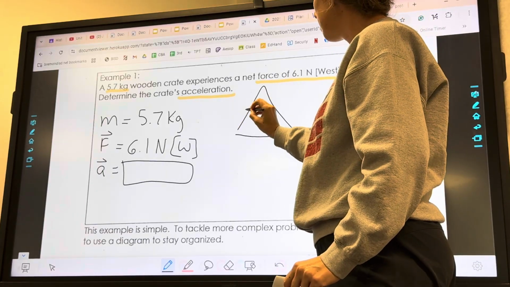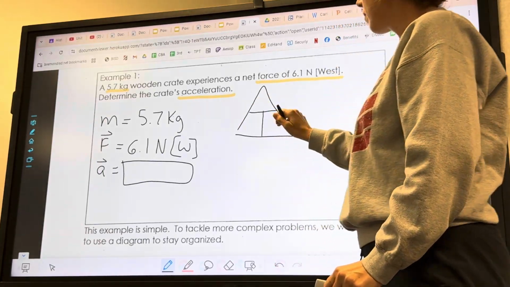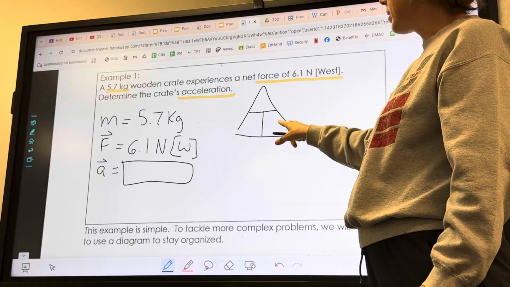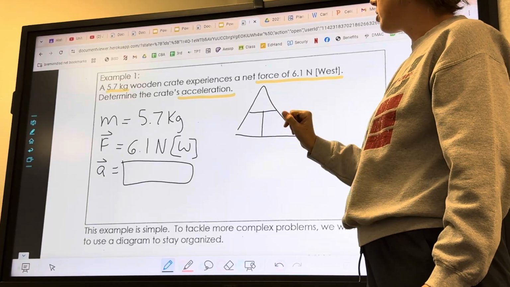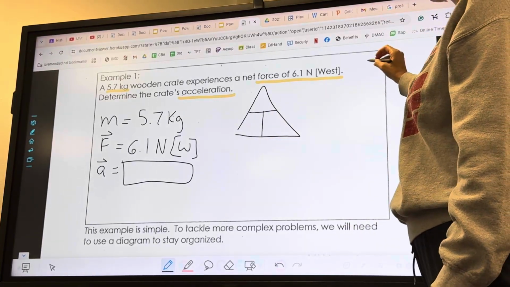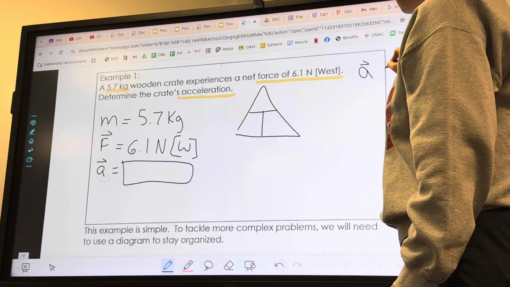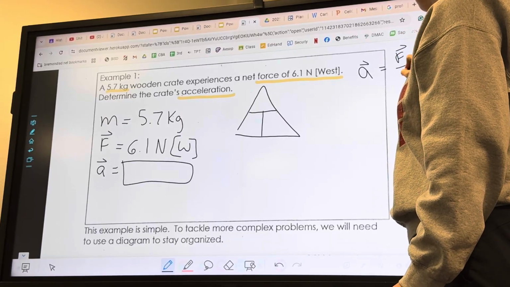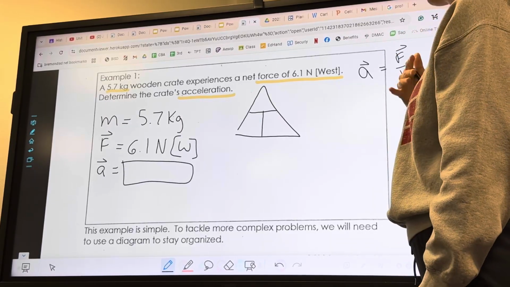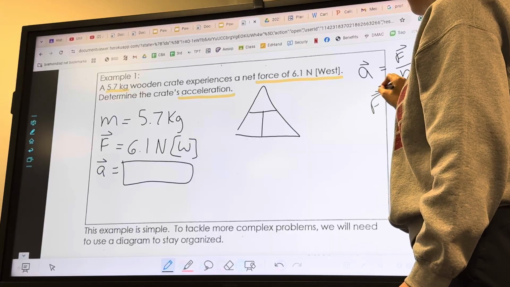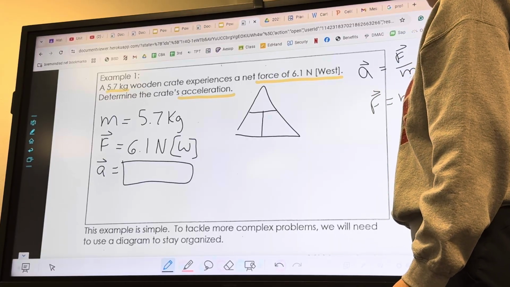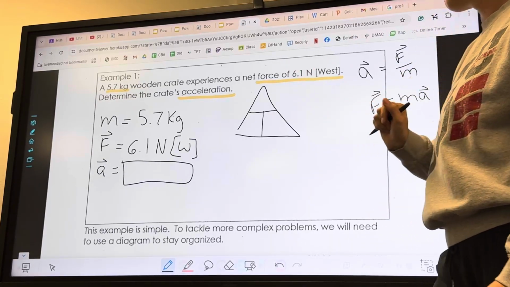Just like we did speed, okay? But remember, 2 things have to be in the denominator, 1 thing has to be in the numerator. So ready? They taught us acceleration is force over mass, or I told you the one that I liked was F equals ma. Okay? How do I fill that in my triangle?